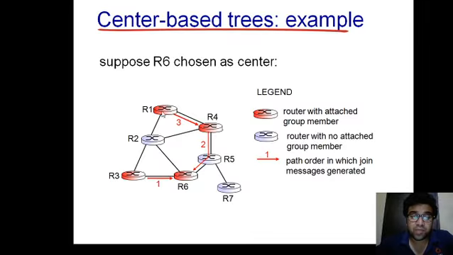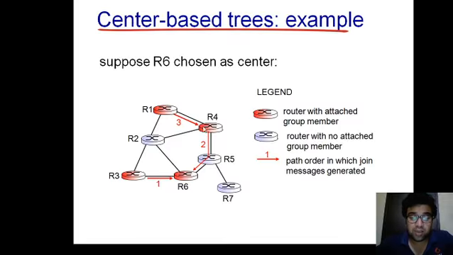And as R2 is sending to R6, this branch will become part of that spanning tree. Once R1 sends the information to R4, and R4 has already made this link a part of the tree, R1 has to send that unicast data to R4 only, and this branch will become part of that tree.